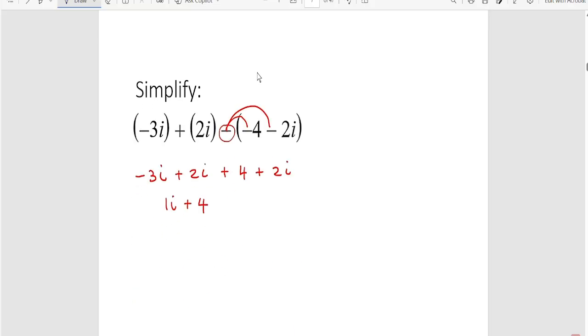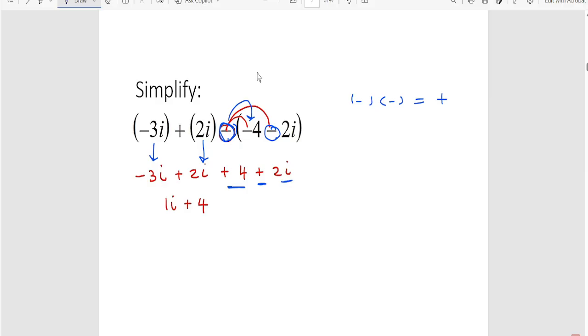As you can see here, first we open the parenthesis, so we write this number as it is. To open this one, we multiply this negative sign with -4, we get positive 4, because if we multiply two negative numbers we get a positive number, right? Then we multiply this negative with this negative, so it becomes positive 2i.